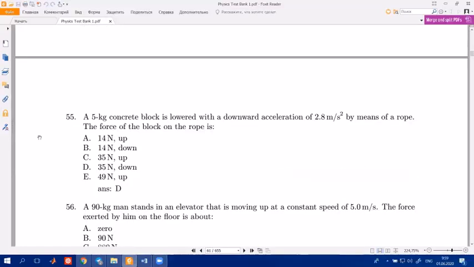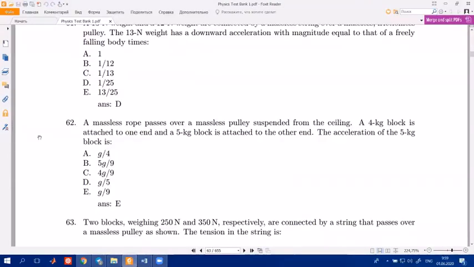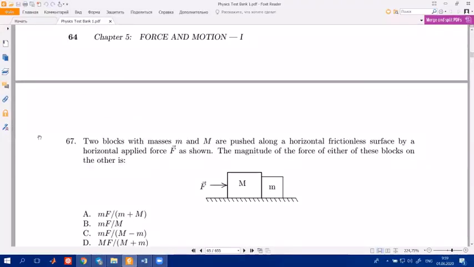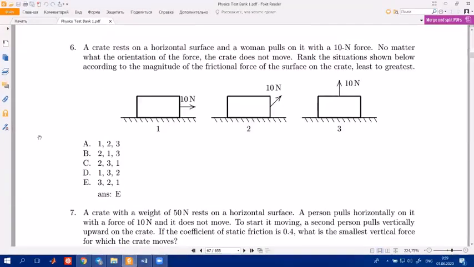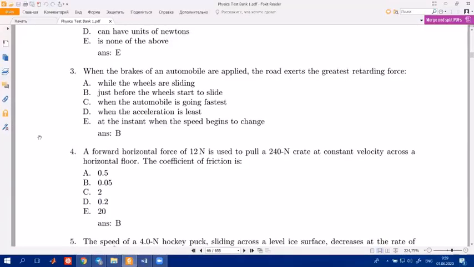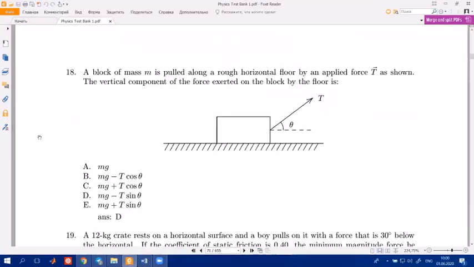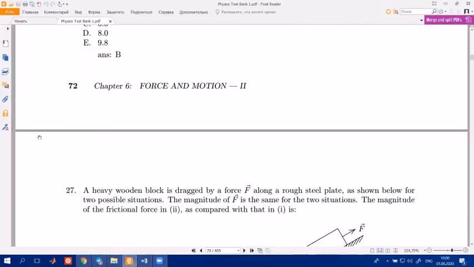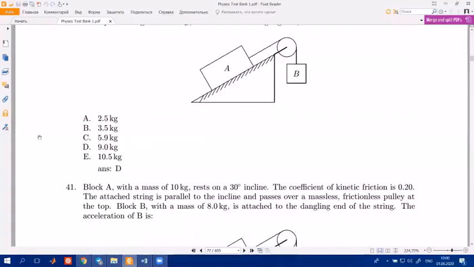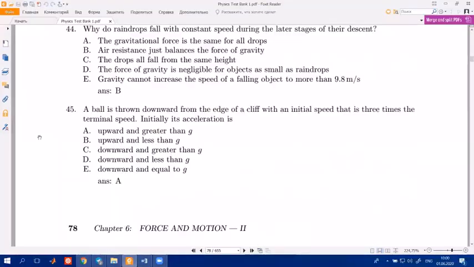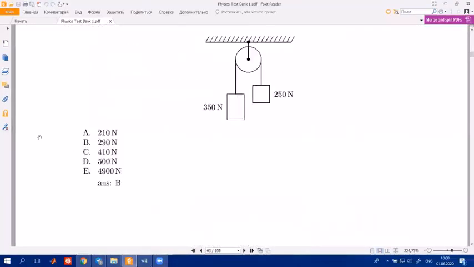We start with the easier ones. Okay, any problem we can take.